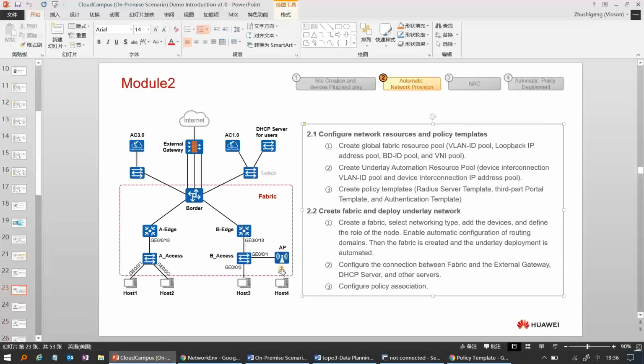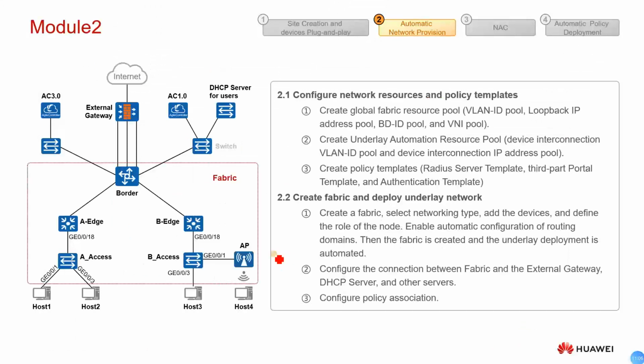Because we are going to deploy three different authentication methods inside the campus network. The first one is 802.1x. The second one is the portal, and the third will be the MAC authentication. Okay, and all of the authentication methods may use the Radius server.